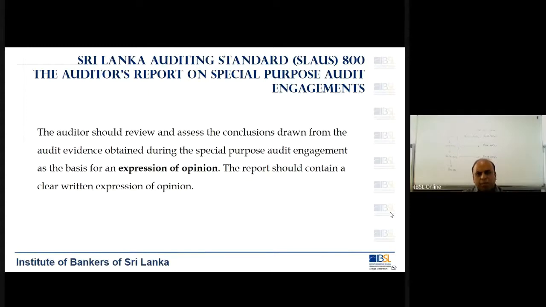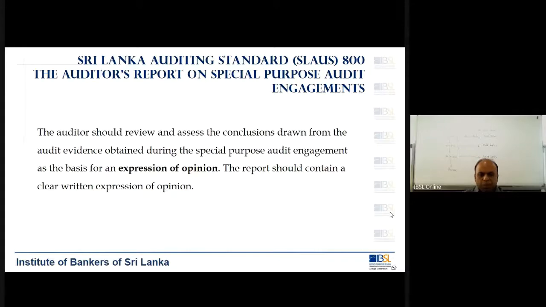Similarly, when a company prepares their financial statements, you need to get some assurance about your financial statements. So the auditor, at the end of the audit, gives you an auditor's report.